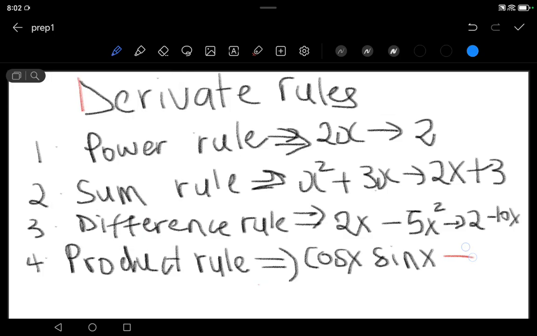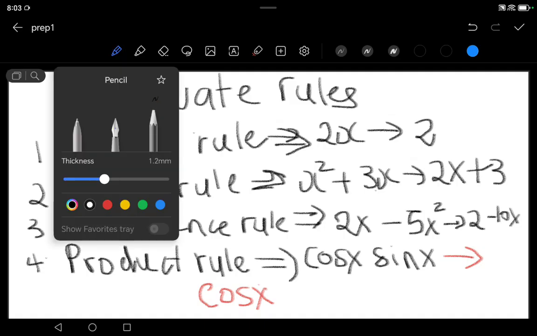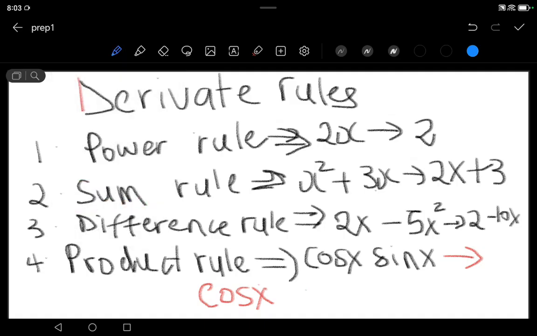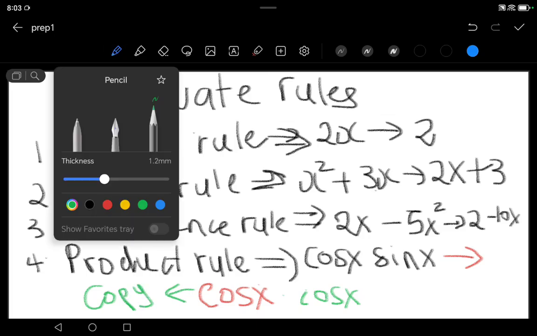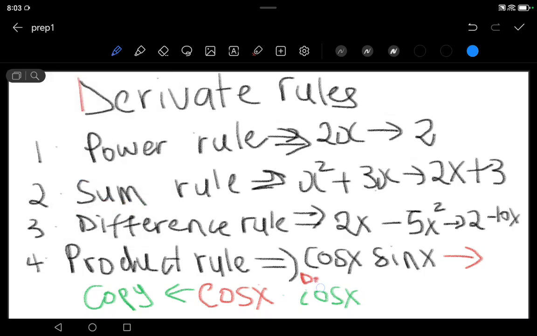We start by copying cos x, and then we derivate sine. The derivative of sine is cos, multiplied by cos x. The red one we copy, and the green one we derivate.